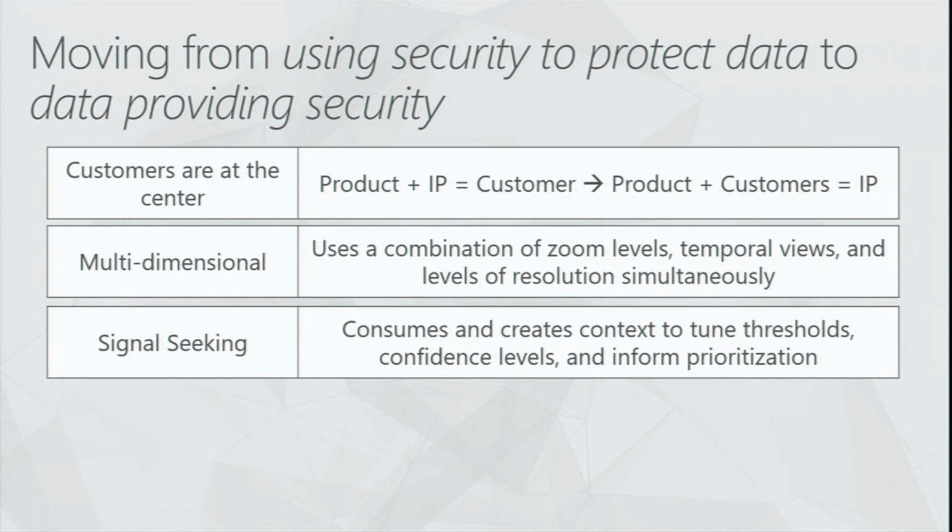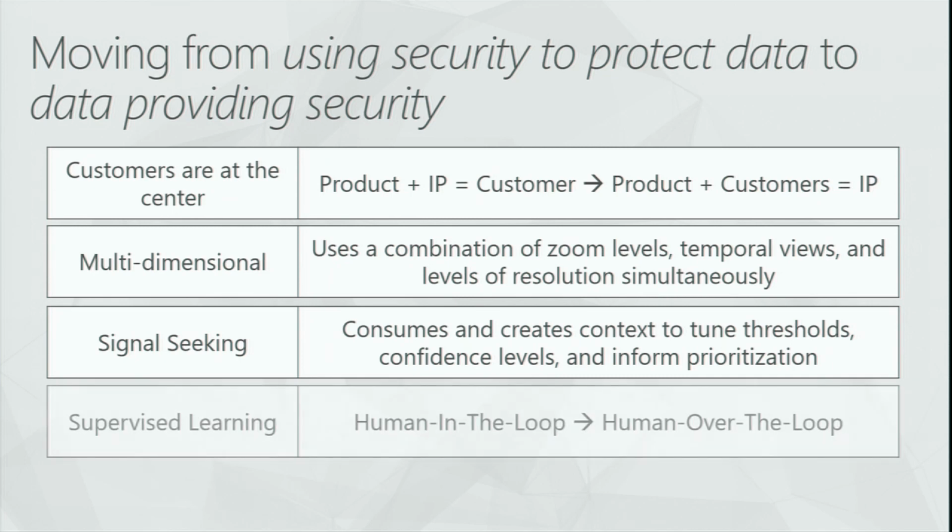They're what we call signal seeking, and so they both consume and create signal. I'll give you some examples of this: data to tune thresholds, different types of confidence levels, and inform how things are prioritized, because we have tons and tons of data. We can't analyze everything extremely thoroughly. We've got to be smart about what we choose to investigate further.